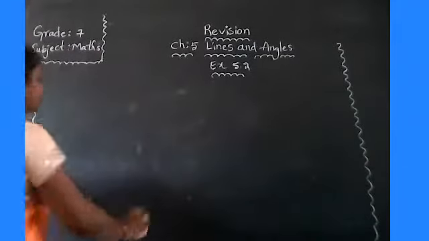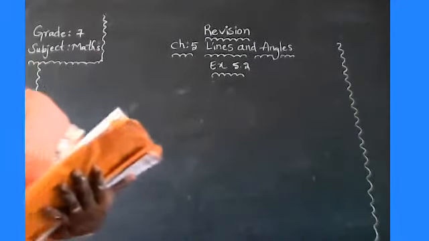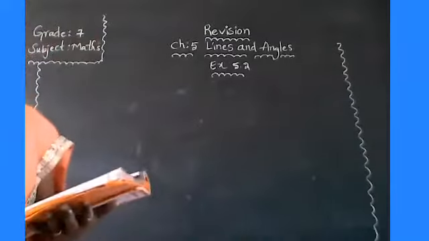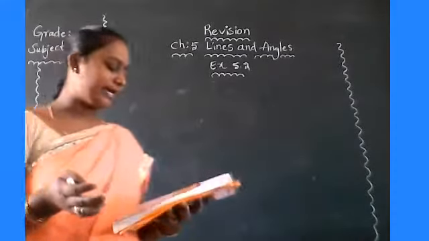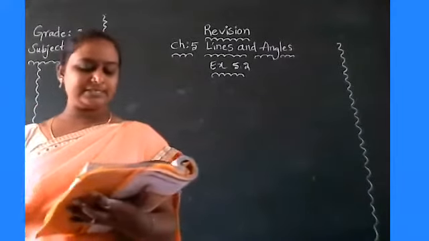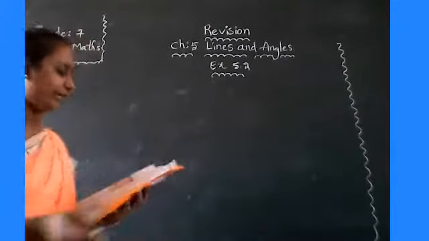So how to solve the problems? Everything you have to do. In the given figure, the arms of the two angles are parallel. If angle ABC is equal to 70 degrees, then find the angles.